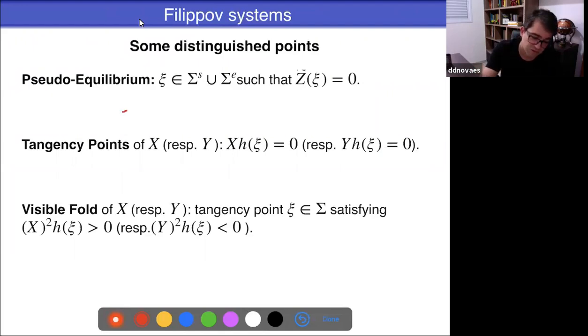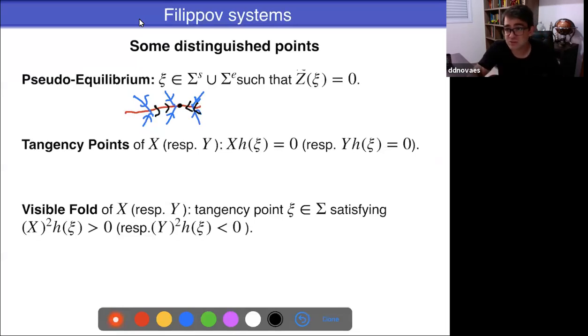So for instance, you have the discontinuity line here. You have your vectors outside its continuity. We are in a sliding region. We have defined the sliding vector field, and eventually you have a singularity of the sliding vector field.